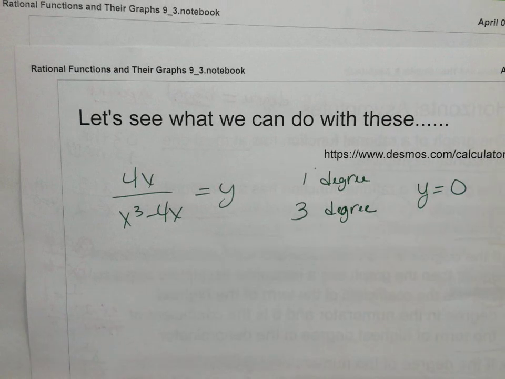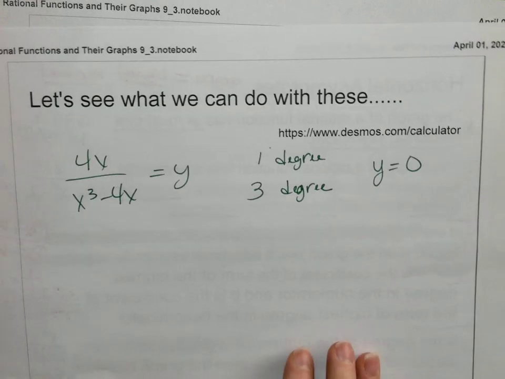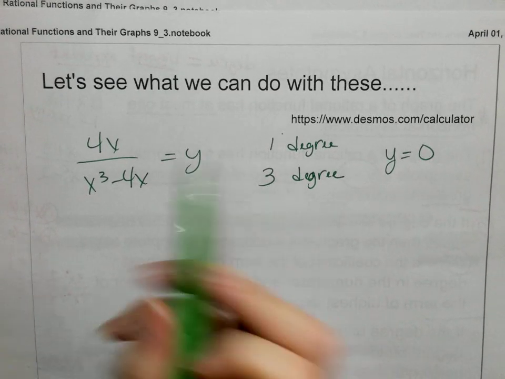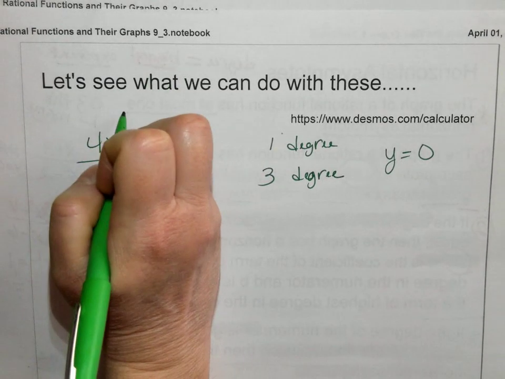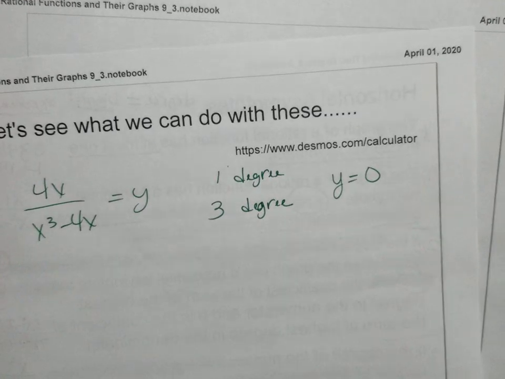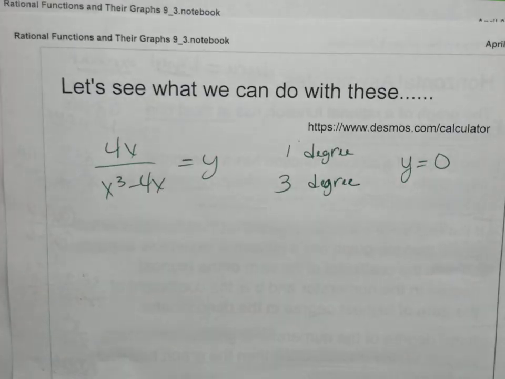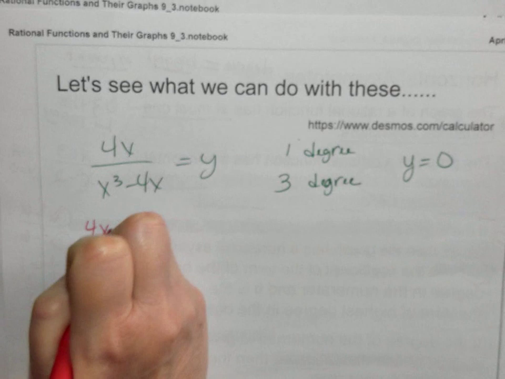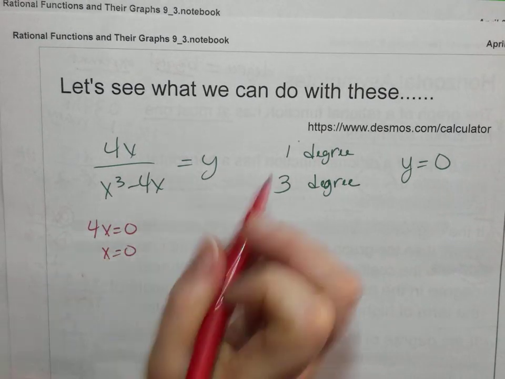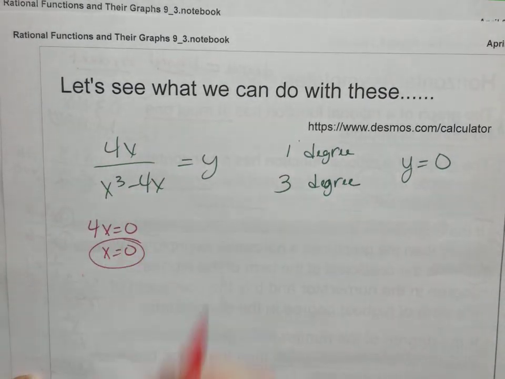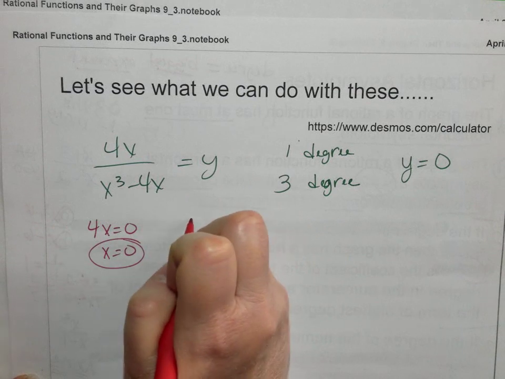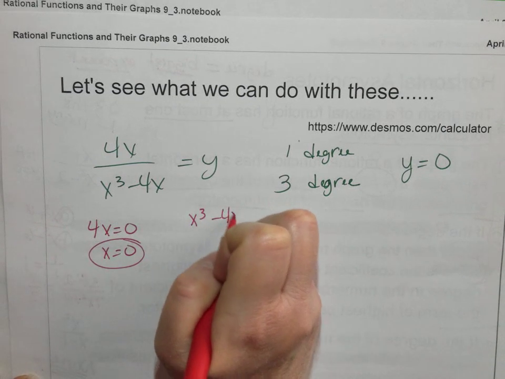Just like that. While we're here, let's talk about those vertical ones because we're going to have to anyway. This one has a 0 at 0, because when 4x is equal to 0, x is equal to 0. So we have a 0 on the top at 0. The bottom is x cubed minus 4x.